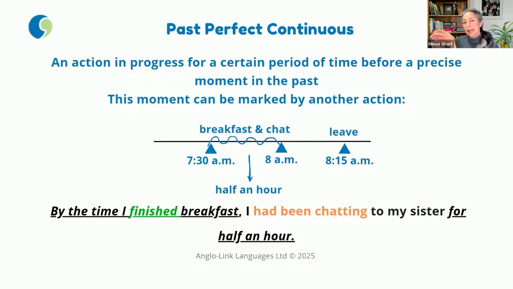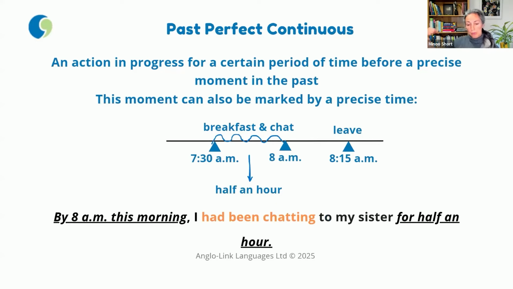We have added the length of time, the period of time. That's why we have switched from past perfect simple to past perfect continuous. Or we can use a precise moment, by, meaning before. By 8 a.m. this morning, again, I had been chatting to my sister for half an hour. So that's the difference between past perfect continuous, it gives us also the length of time, and past perfect simple.